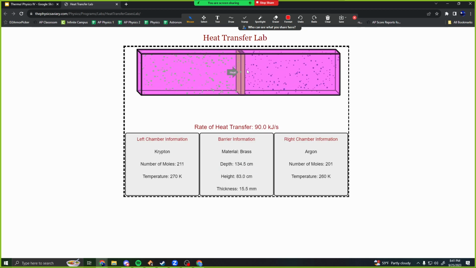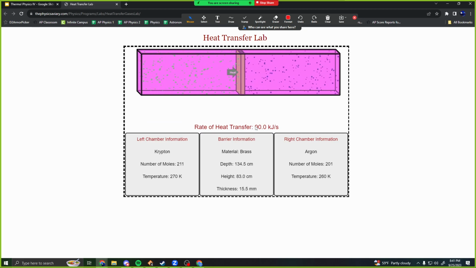So what we can do is we could say, okay, my current material is brass that is separating these two. And clearly we could figure out the volume of it if we wanted to, but you could see that on the left side currently, the temperature of the krypton molecules is about 270, whereas the temperature of the argon on the right side is about 260.